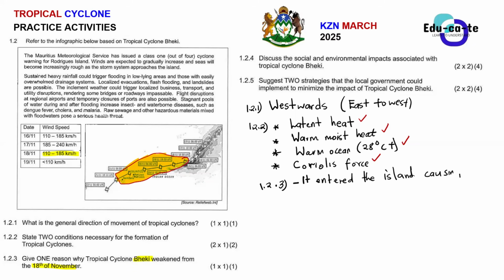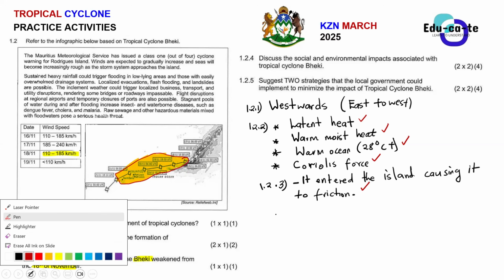I don't know if the English is correct here, if you guys know how to write proper English. It entered the land, causing it to experience friction, or you can say it caused it to experience friction from the land. Usually the land is the one that slows it down due to this friction. Okay, so this friction slows it down.